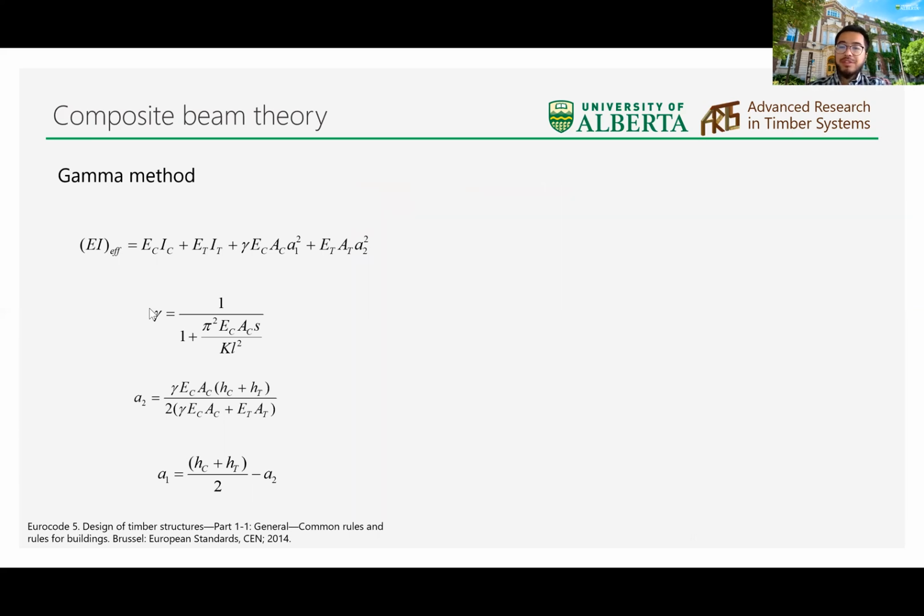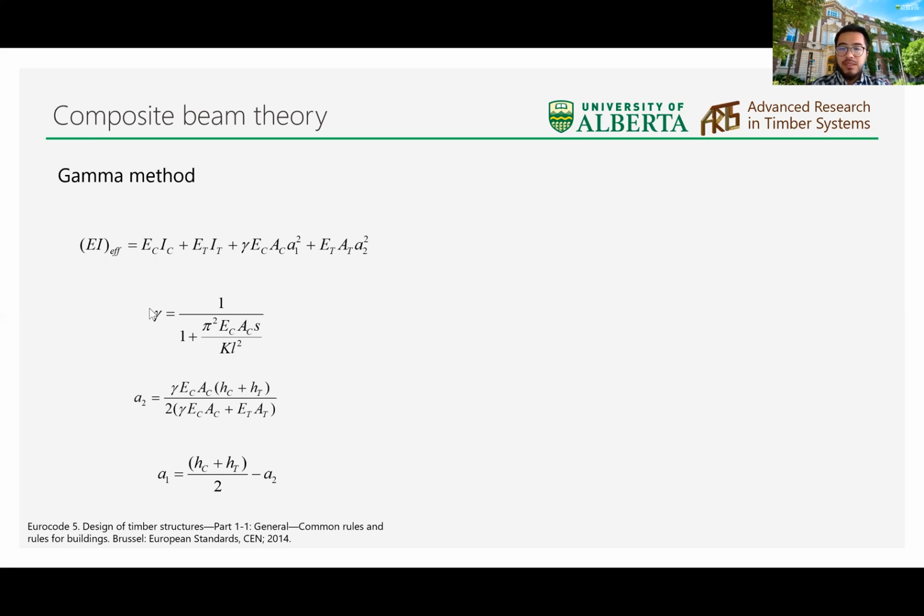The internal actions and the effective bending stiffness in a composite floor is determined by the composite beam theories. The most commonly used design method is the gamma method, which is included in Eurocode 5. But the gamma method assumes continuous bond between timber and concrete.